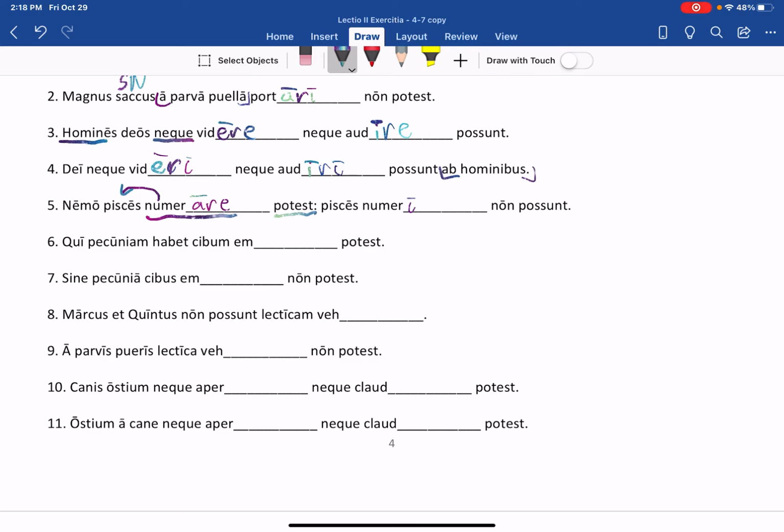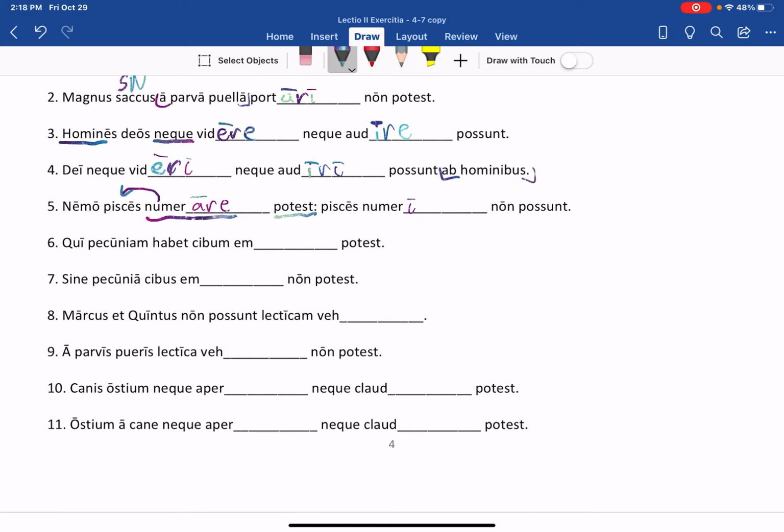But in the second half of this number 5, pisces is in the nominative. The fish are not able to be counted. And excuse me, I needed to put numerari. Numerari. The fish are not able to be counted.